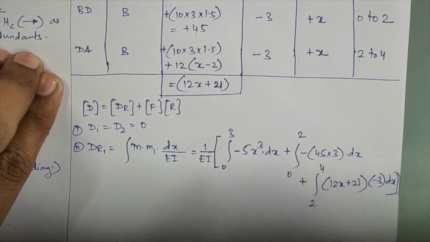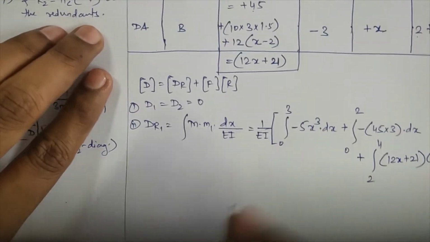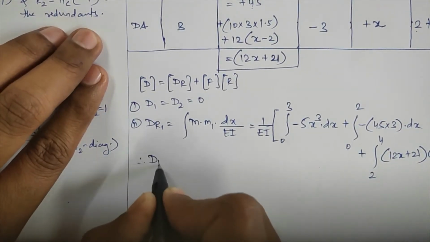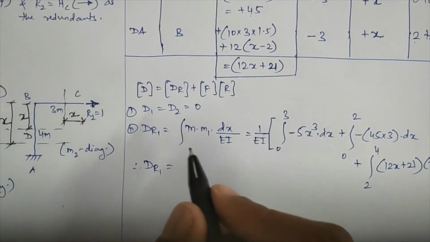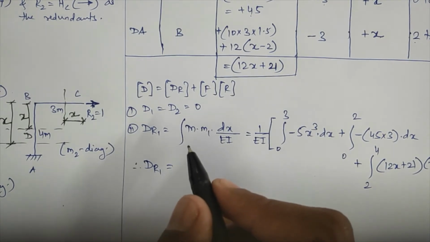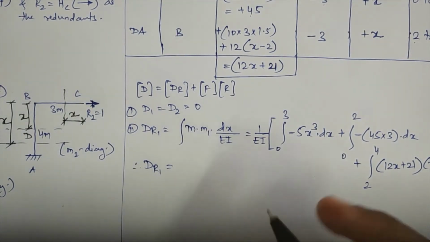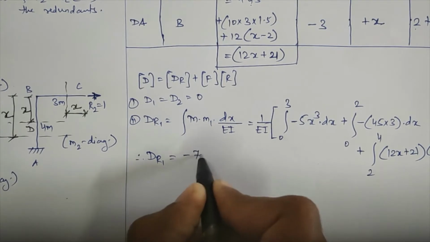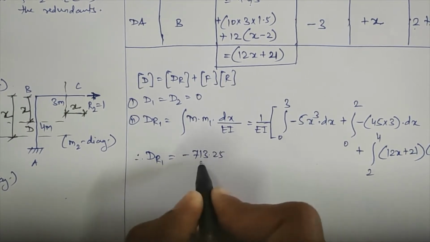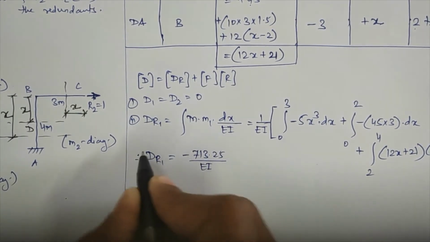So this will be my complete equation. If you solve this, I have got Dr1 equal to minus 713.25 divided by EI.